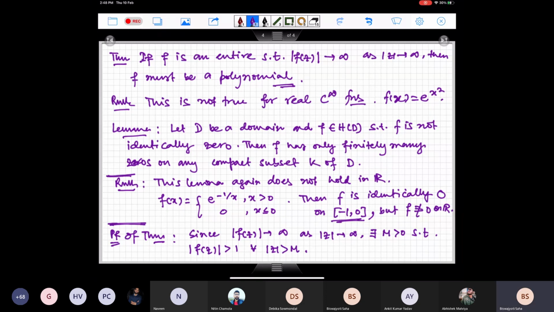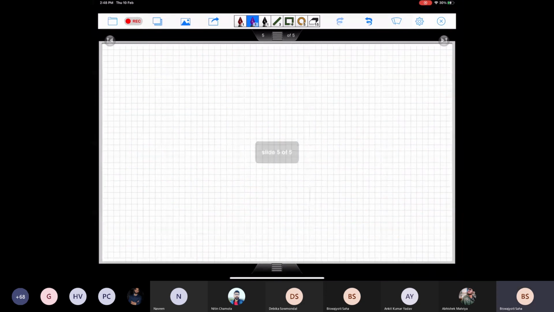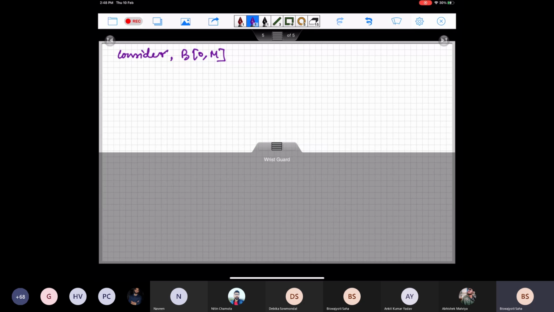Now let us consider the complement of this domain. Consider the closed ball B closed (0, M). This is the ball that I am going to consider. So consider this set. This is clearly a compact set. So by the above lemma, my function f has how many zeros on this compact set?